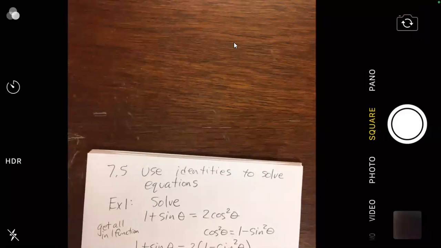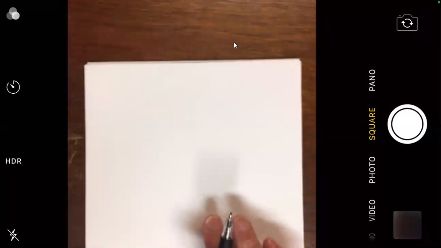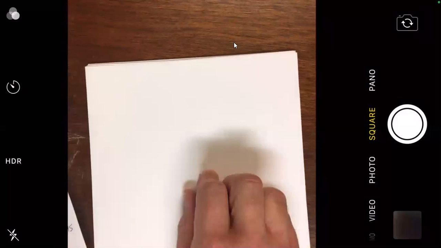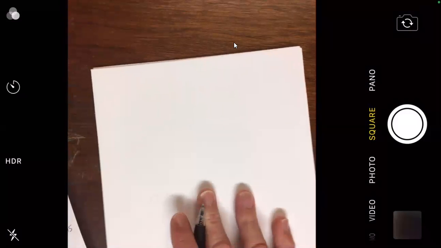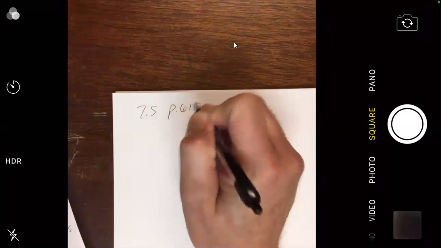Why don't we try some homework ones, try to help you out with the homework. Let's see, number 3 will be pretty similar to that. Let's try one with a double angle like number 7. So this is 7.5, page 610.